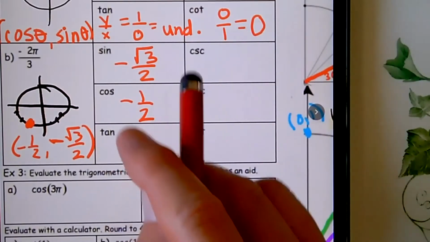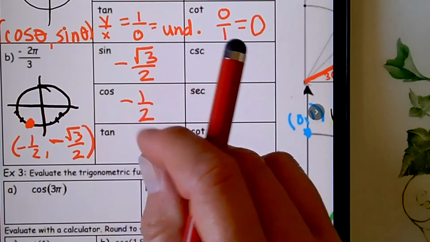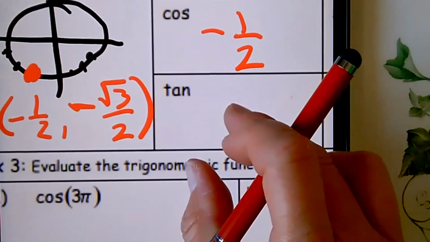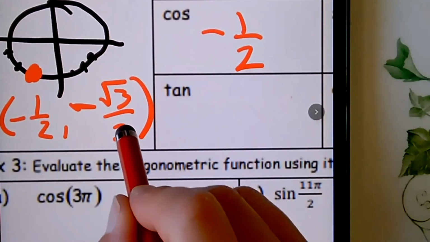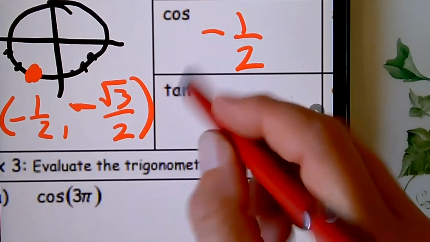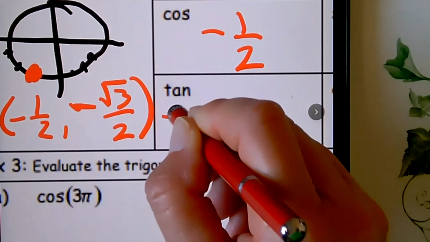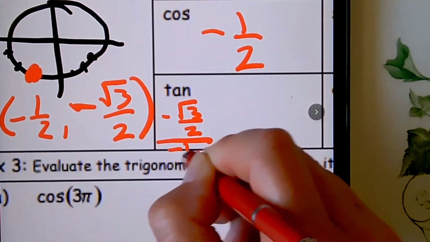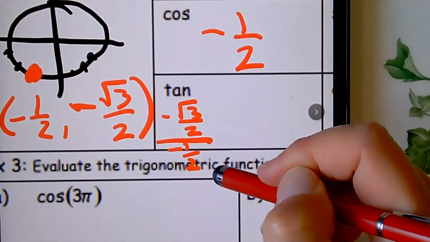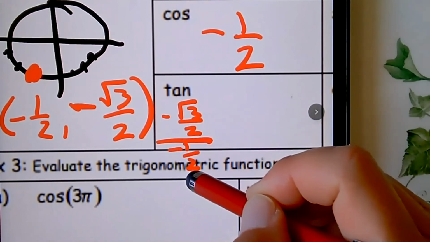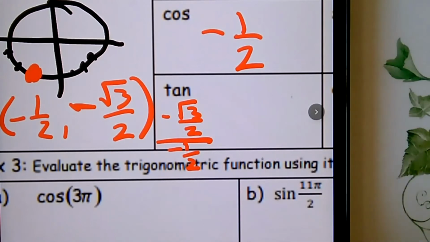Now my tangent is going to be y over x. Now I'm going to zoom in a little bit for this, okay? So I'm going to be taking this over this, okay? I'm going to write it and then I'm going to erase it. I'm going to rewrite it differently. But it's really negative root 3 halves over negative 1 half. Well, when I'm dividing by a fraction, I can multiply by the reciprocal.